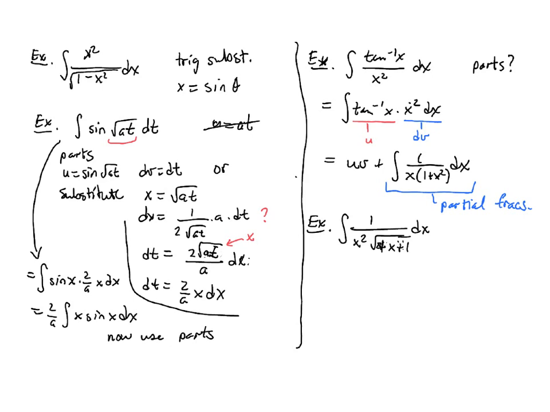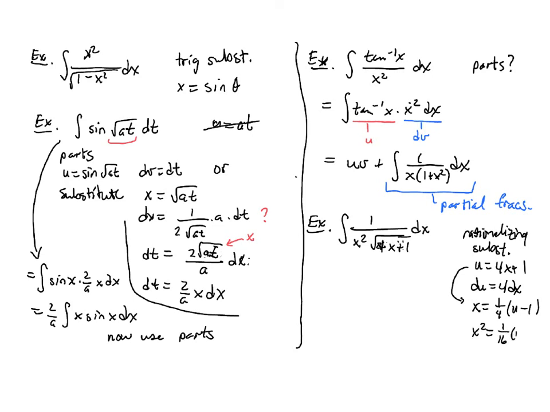And so you want to try one of those rationalizing substitutions of u equals 4x plus 1. And when you do that, you have du equals 4 dx, and we need to solve this expression for x. So x equals 1/4 u minus 1. So x squared equals 1/16 u minus 1 squared.